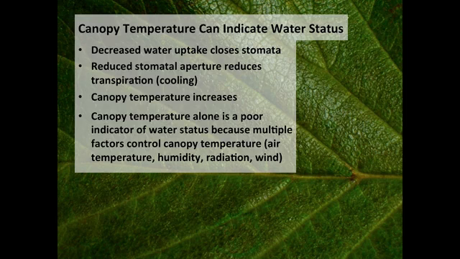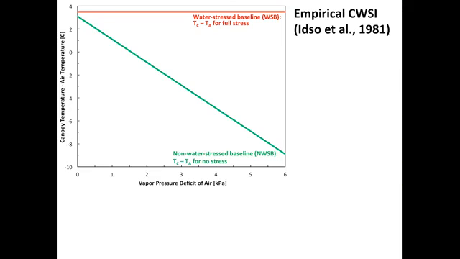In addition to transpirational cooling, which is partially controlled by the soil water status, air temperature, humidity, radiation, and wind, all the environmental conditions that the plant is subject to will influence the canopy temperature. So in order to use canopy temperature as a means of estimating water status, we have to account for all of the variables that can influence it.